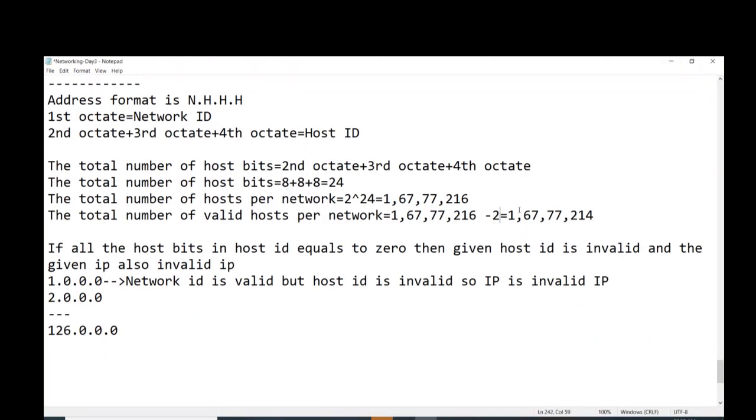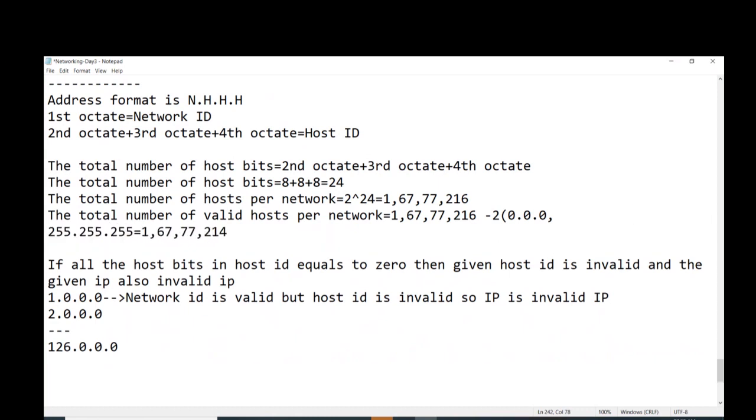So that means right here 0.0.0 and 255.255.255. Because of these two host IDs, we cannot assign the IP address.